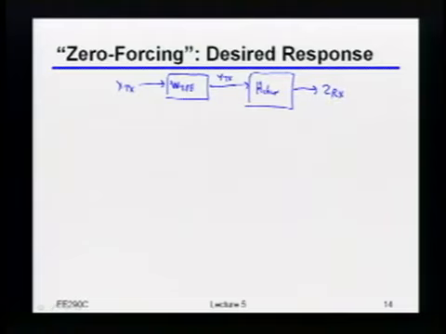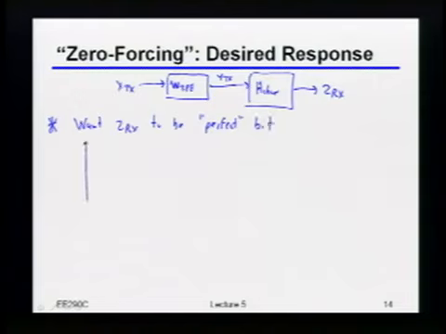Okay? So remember, the whole goal with building this equalizer was that we wanted that received analog voltage to be a perfect bit. What I mean by that in the sample domain is something like the following. If I look at my desired voltage at the receiver versus the sample number, where I transmitted a single bit at the transmitter, then I want at the receiver something that looks like that.